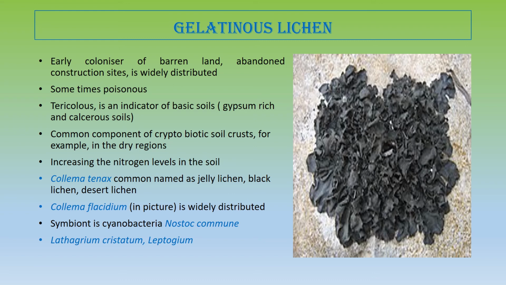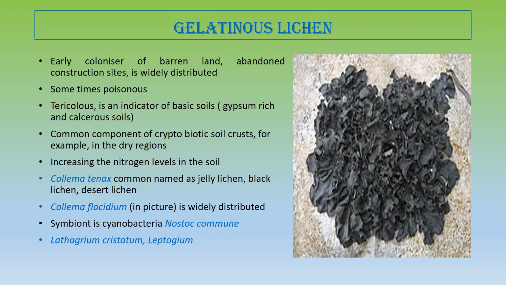Also, in this type of condition, the rate of erosion by wind or other factors is high. So, number one, the soil is formed at a very low rate, and number two, the soil is also getting degraded.